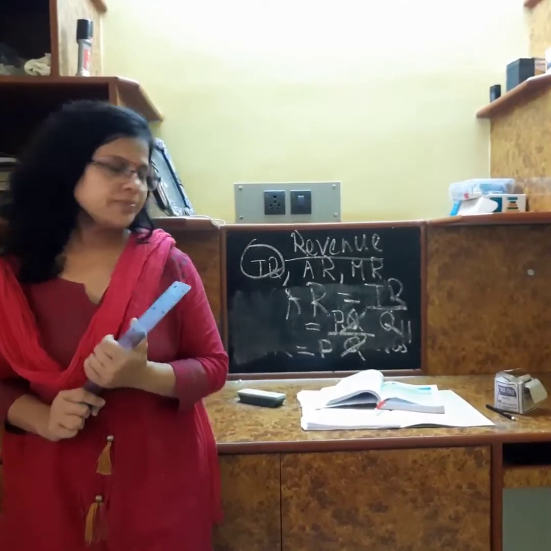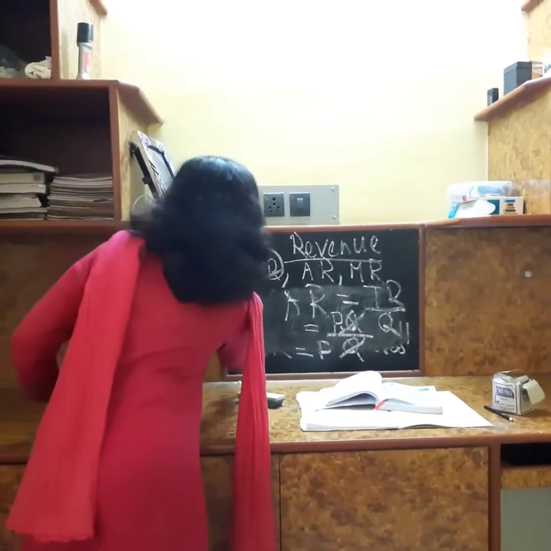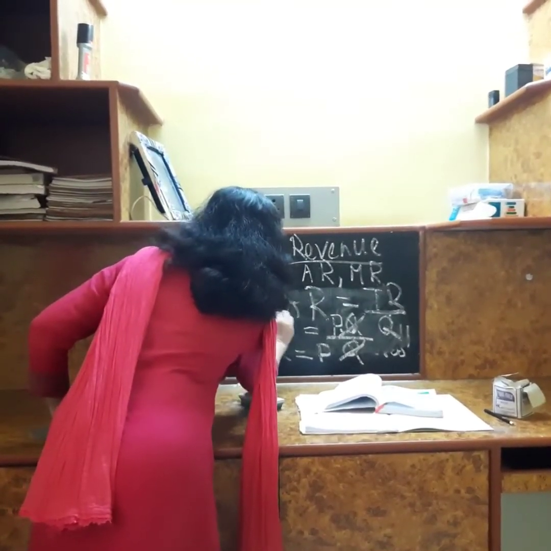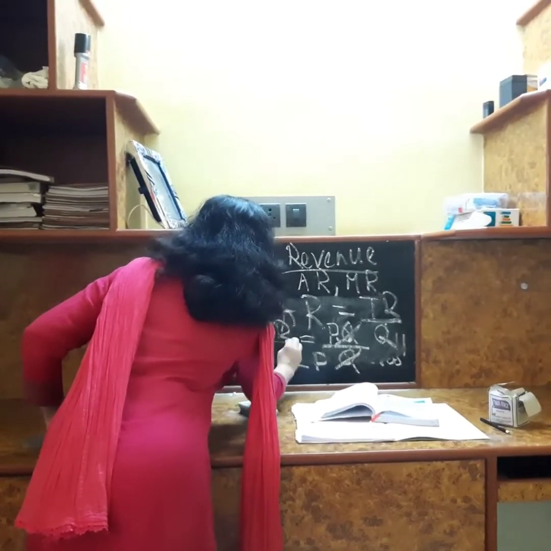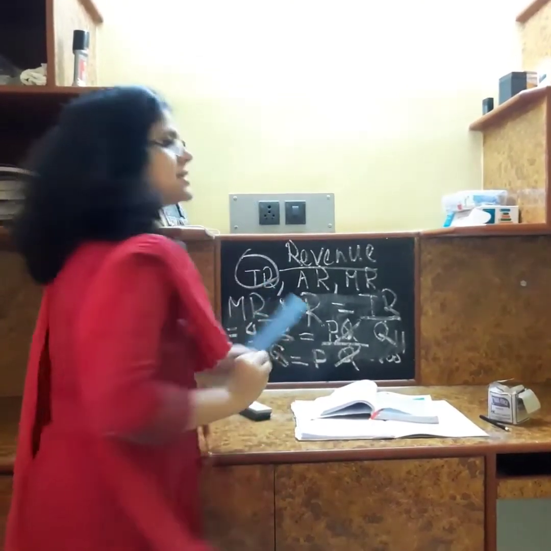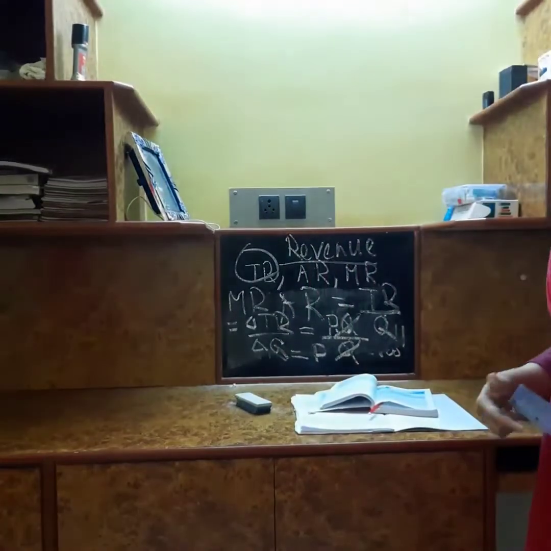It should be. Next concept is marginal revenue. We have done it in class 11 also. What is marginal revenue? It is nothing but delta TR by delta Q, meaning the change in total revenue due to 1 extra unit of output sold.